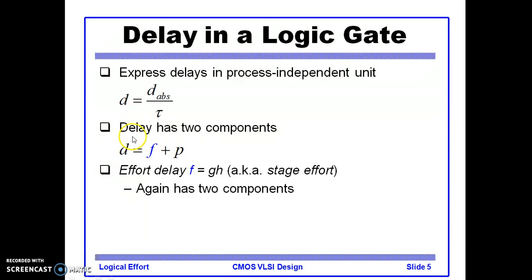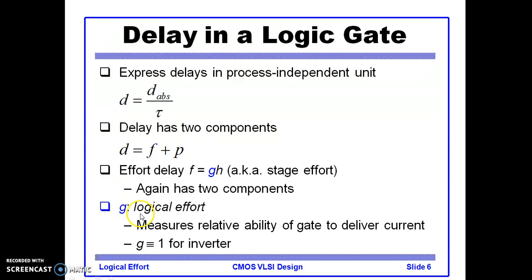This F is again divided into two components, that is G as well as H. So the delay has two components, one is F, the other is P. F is nothing but the effort delay, which is further divided into two parts, G and H. G is called the logical effort, which measures the relative ability of the gate to deliver current.